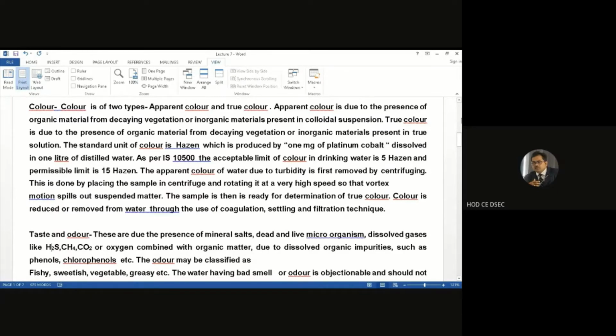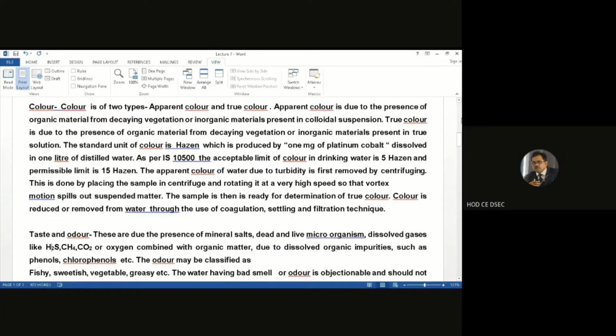Now, apparent color can be easily removed. How? Because the materials which are in suspension can be expelled out by placing the sample in a centrifuge. Centrifuge means the centrifugal force is there.